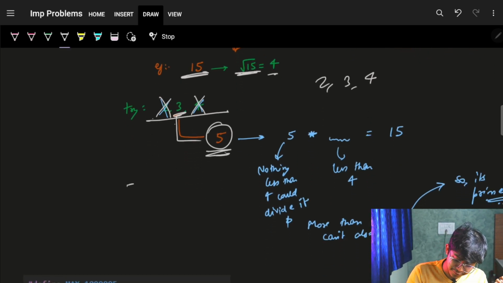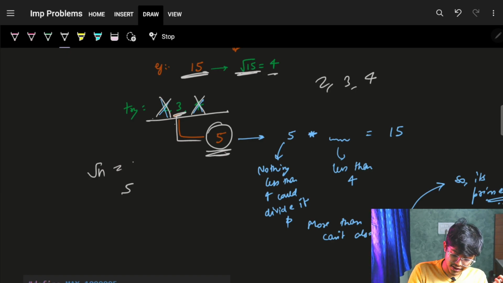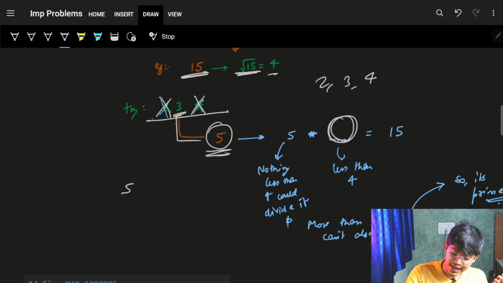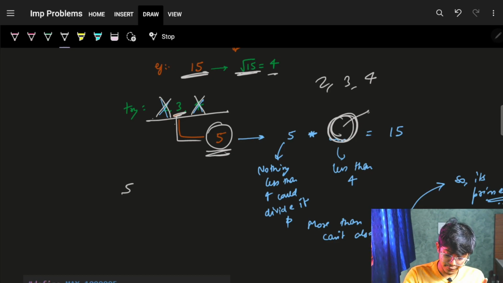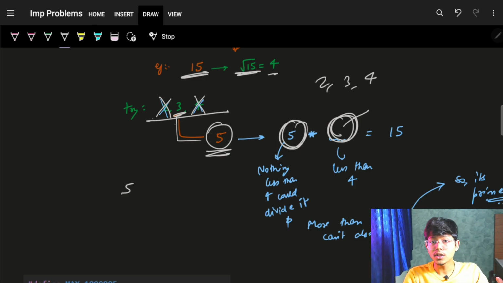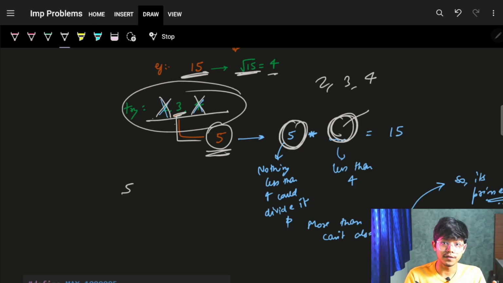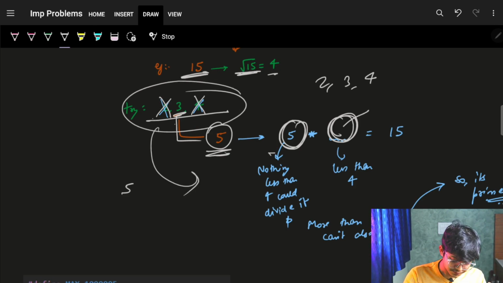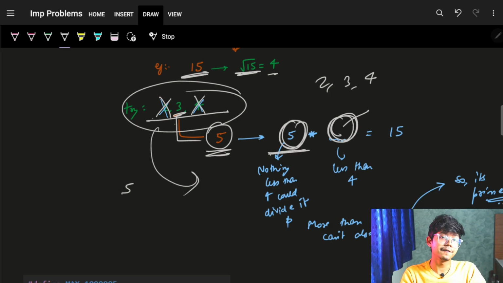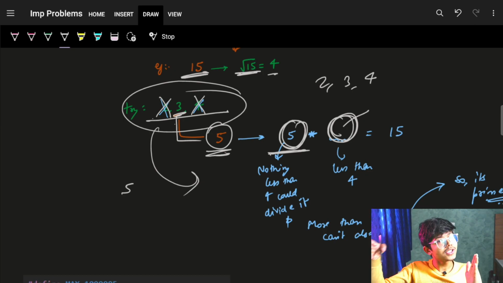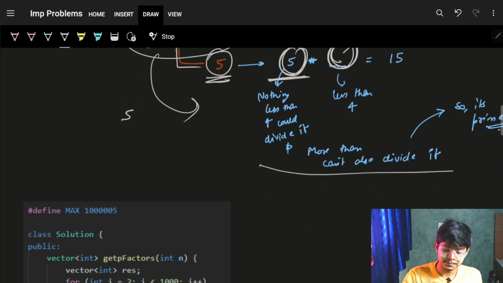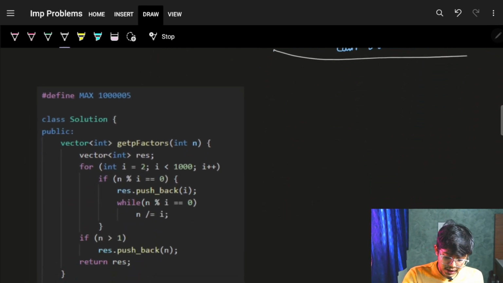You can easily see that 5 is more than the square root of n, which is 4, and as 5 was not divisible by any number less than the square root of n, any number more than the square root of n would also not be able to divide 5. Thus, it's a prime number.